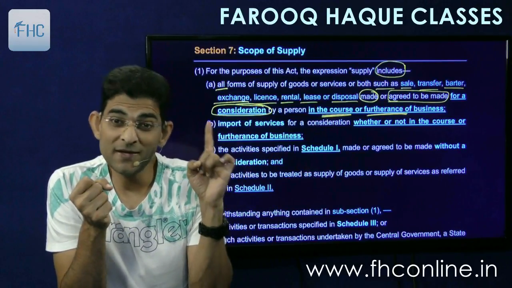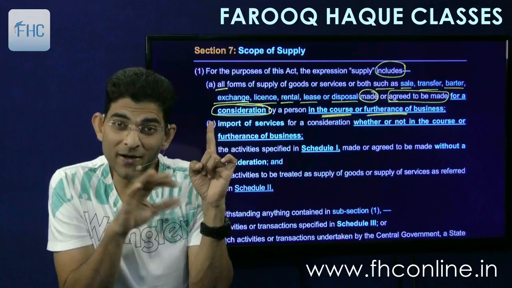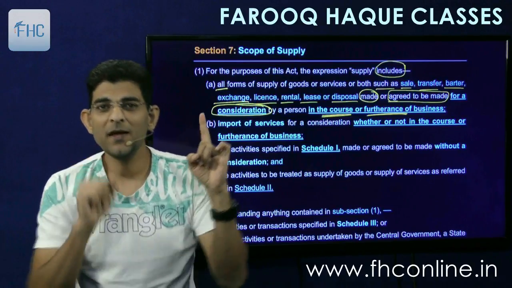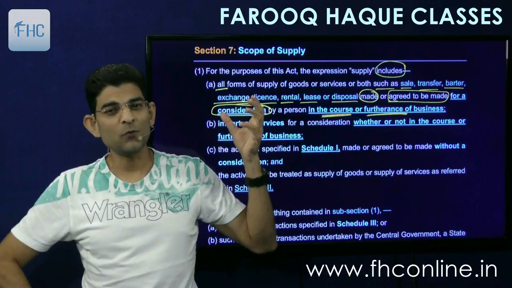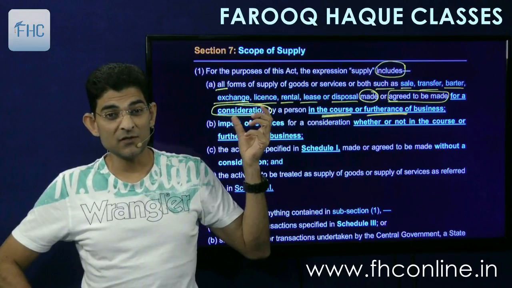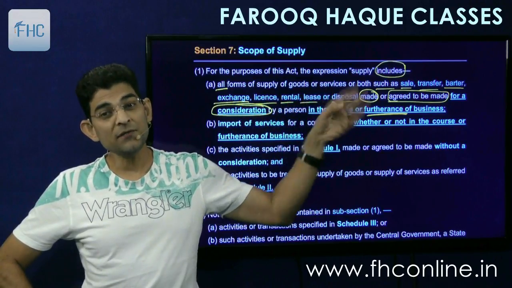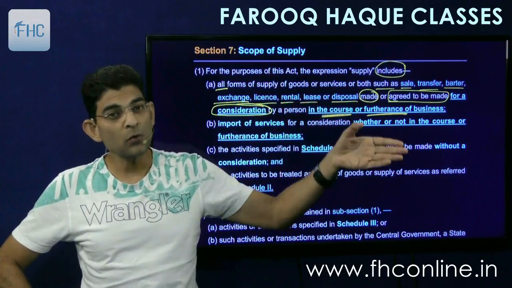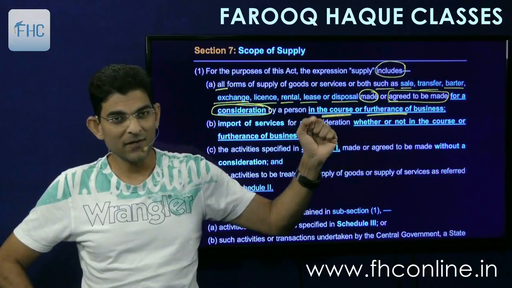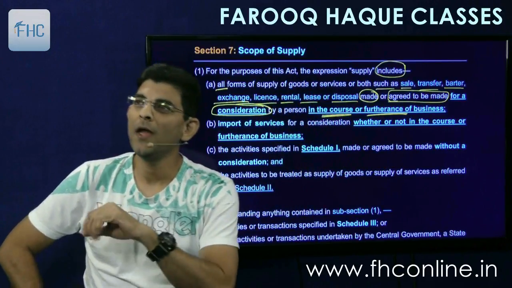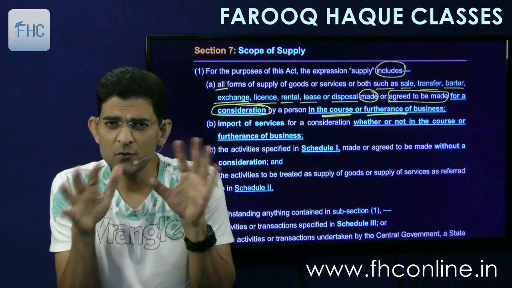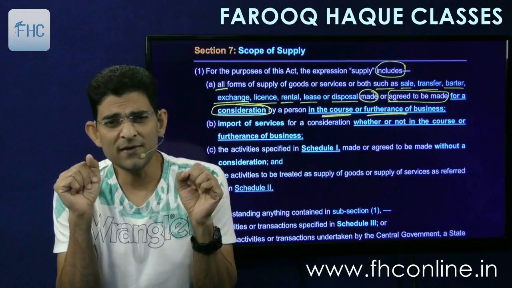Will that be called a supply in clause A? Again no. Excellent, you are giving the right answers. Again no. Why? Firstly, because there is no consideration. Secondly, it is not even in the course of business because it is at home, right? So nothing, no tax.